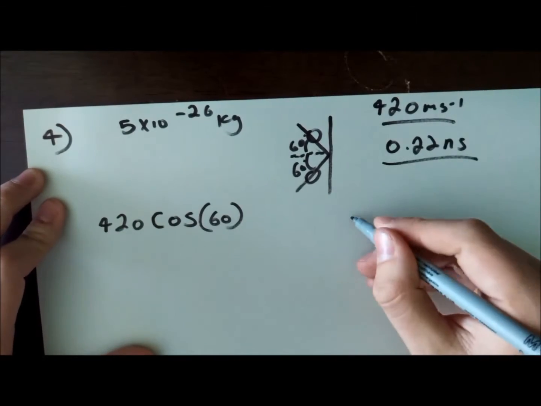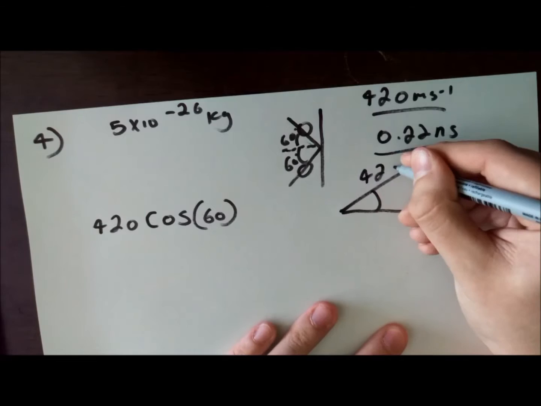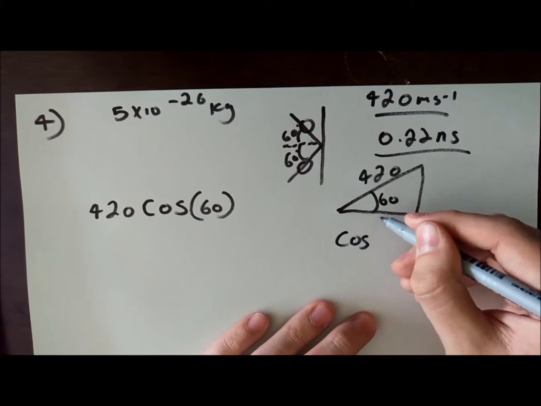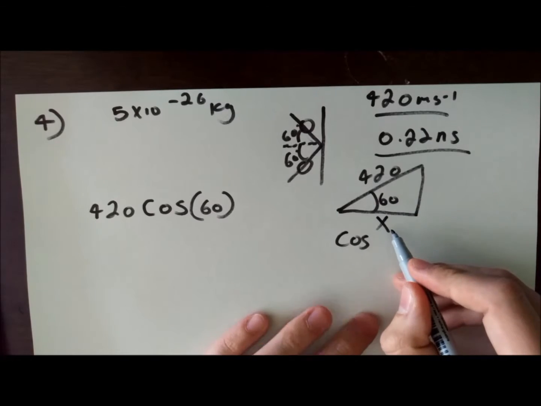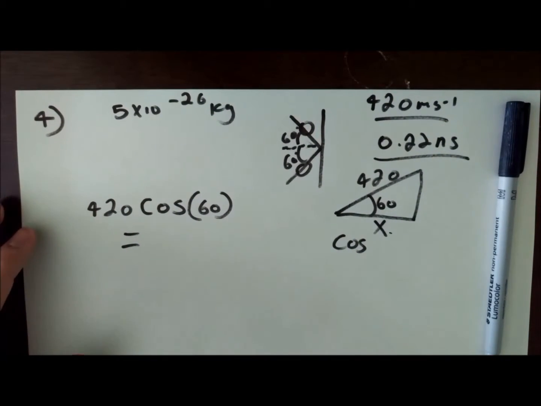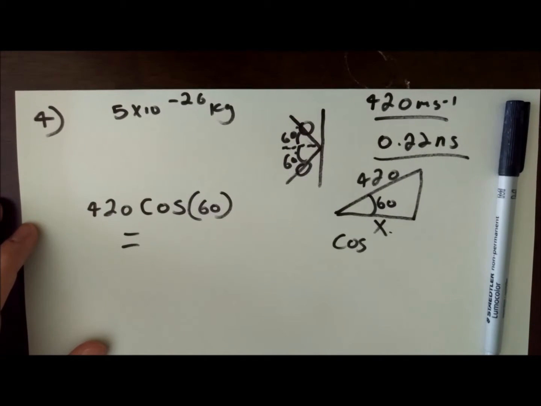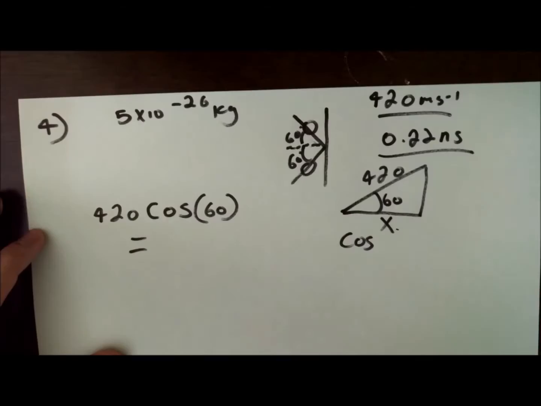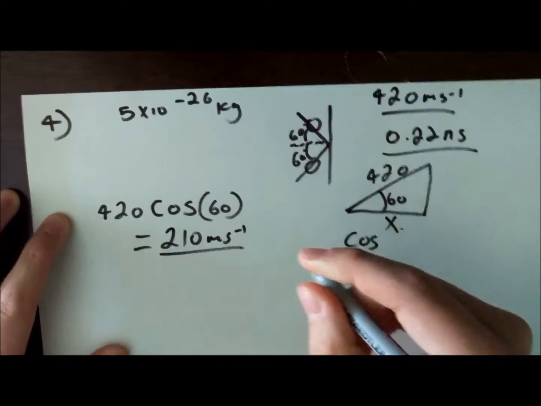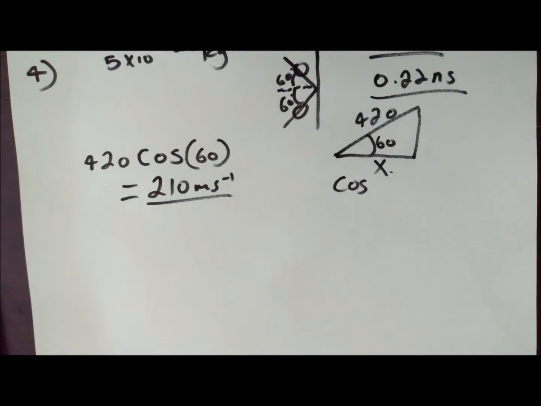Now this, if you remember the triangle, we have 420 there, we have theta there, so we use cos to find x. X is what we want. So this gives us 210 meters per second. So its horizontal velocity is 210 meters per second.